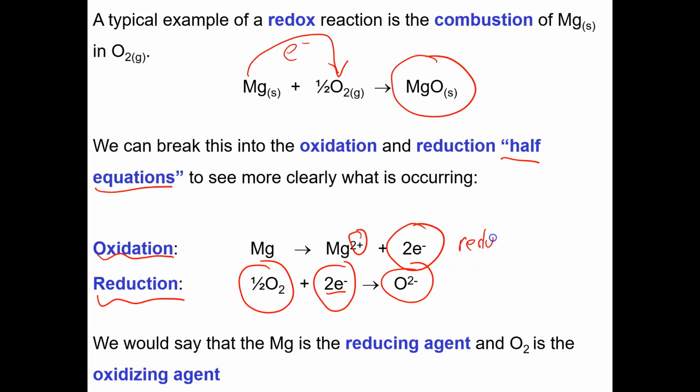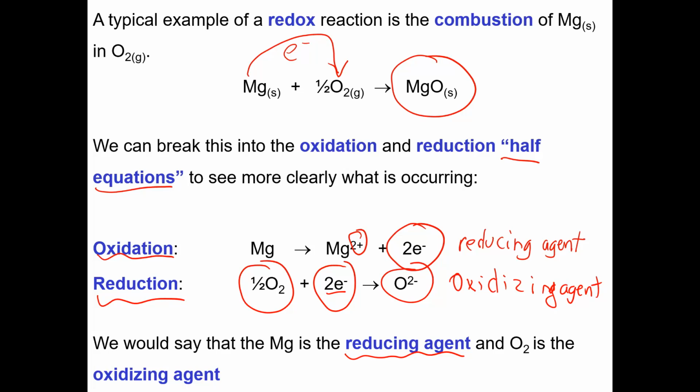So the reactant that undergoes oxidation, because it causes the other reactant to get reduced, is labeled as being the reducing agent. Now the oxygen takes 2 electrons from the magnesium, causing the magnesium to be oxidized. So the oxygen can be labeled as the oxidizing agent because it causes the magnesium to become oxidized.